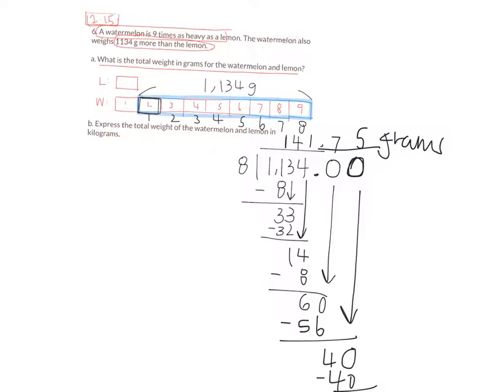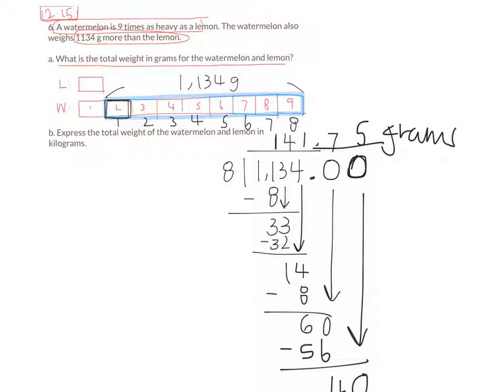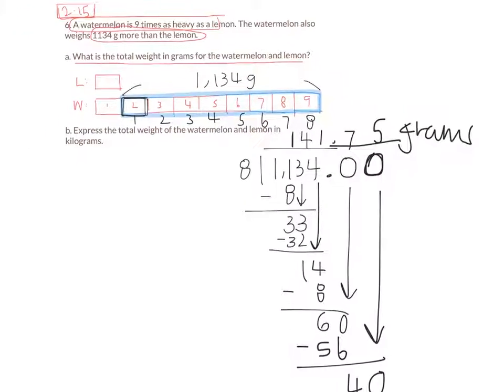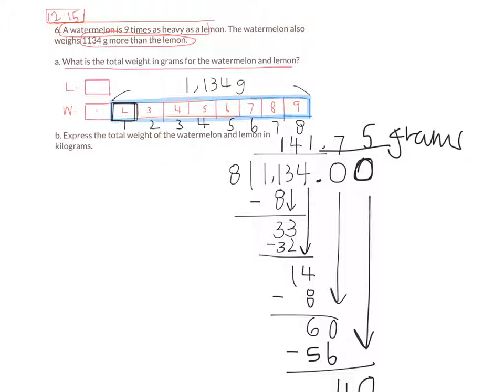Okay, but then when I found 141.75 grams, what does that represent? The one piece. It's one piece. So that's the weight of the lemon. So if I have 10 of those pieces all together, and each piece is 141.75 grams, I need to multiply that by 10.